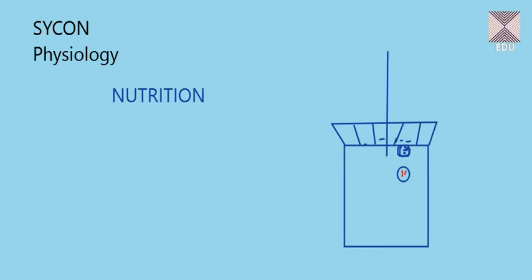So the process of the digestion is altogether the same, but here it is partial digestion, as we have discussed. So partially digested food will go to the mesenchyme, and here an amoebocyte will receive this food, and this amoebocyte will be called the thesiocyte.